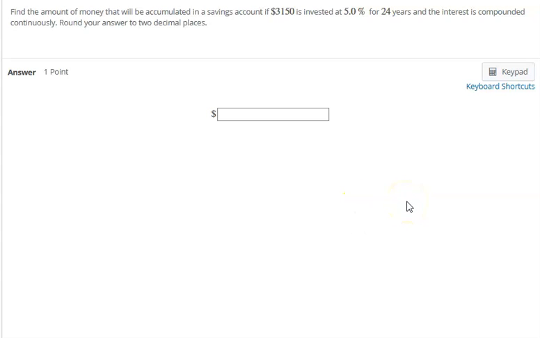In this example, we're asked to find the future amount, and note here in particular, it's continuous interest. So that formula is future amount equals P times Euler's e to the exponent rate times time. So take a moment to set this up.